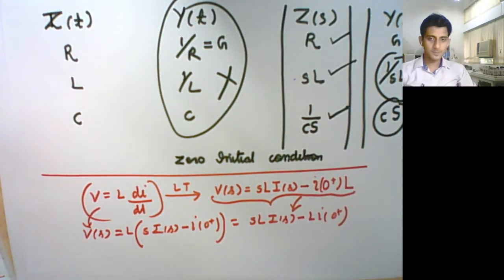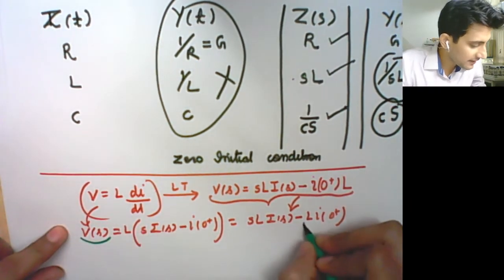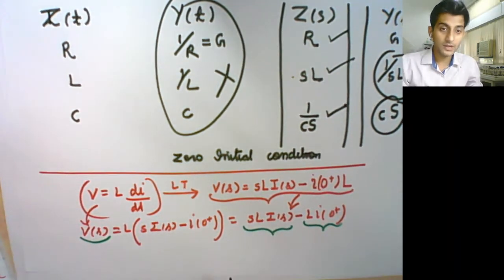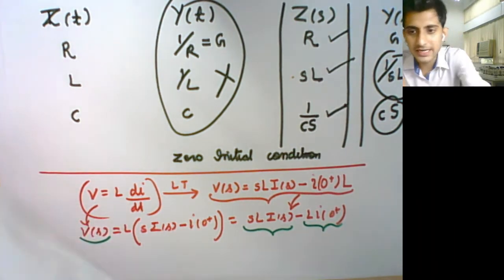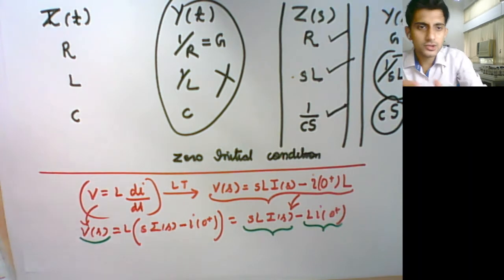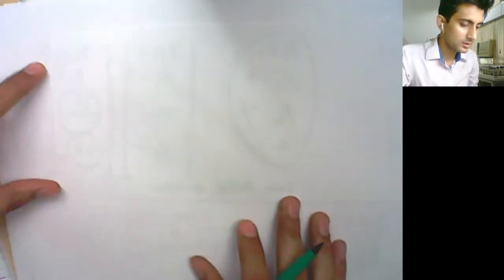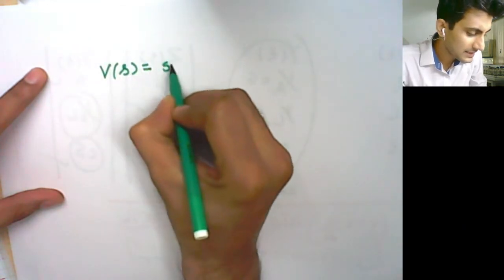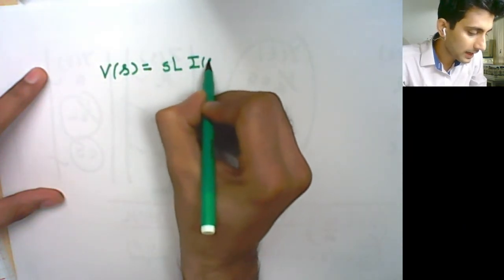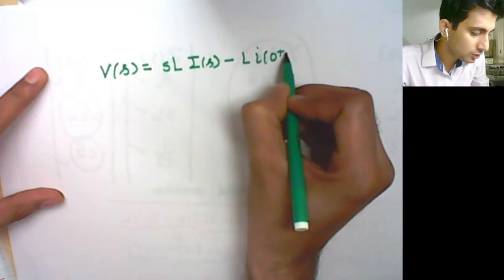Okay. So on one side we have voltage, on the other side we have something else which has to be voltage, because if on the LHS you have voltage, it is mandatory that on the RHS also you have voltage. Fine. So we got the equation as Vs is equals to LS Is minus L times I0 plus.